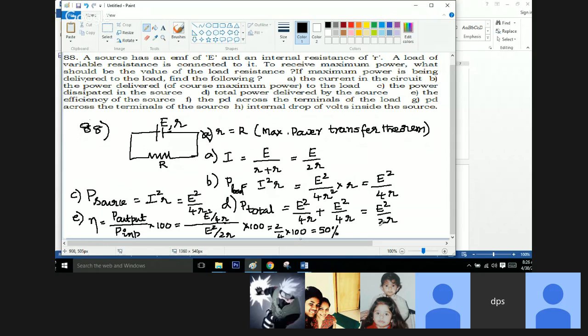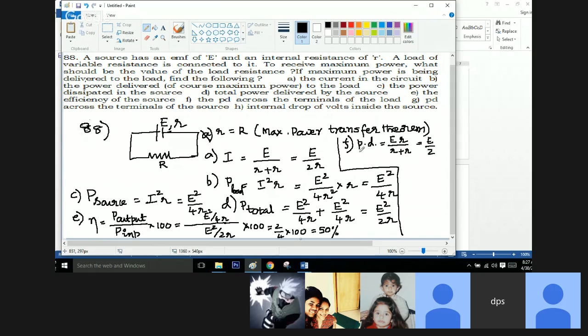Then what else they are asking? F. The PD across the terminals. One minute. I want PD across the terminals. Tell me, what is the formula for PD across the terminals? It is ER by R plus r. Because small r and capital R both are equal, the answer should be E by 2.